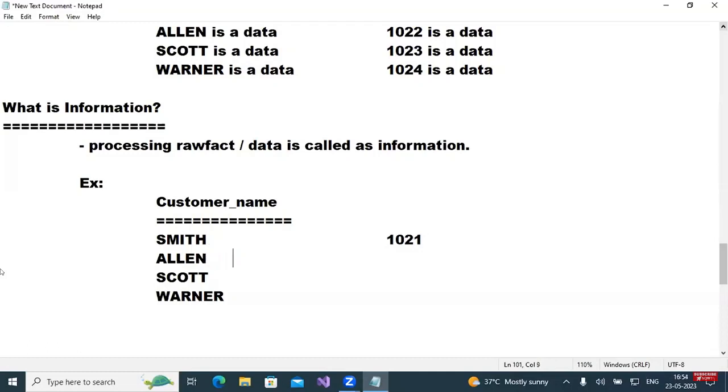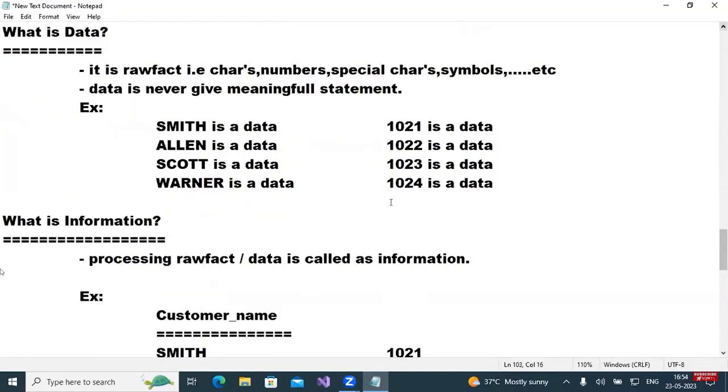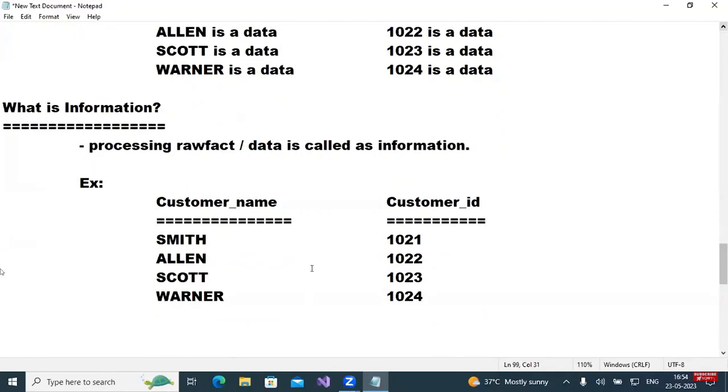Similarly here, I take 1021, then 1022, next 1023, and next 1024. As of now, this is data. But when I predict here, customer underscore ID, now if anybody asks you, you can immediately say these are customer ID numbers.